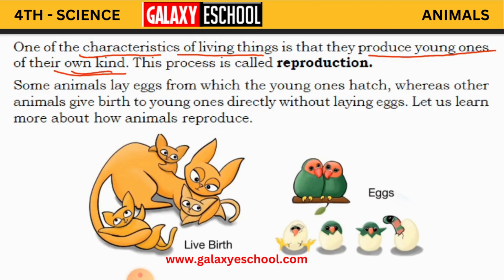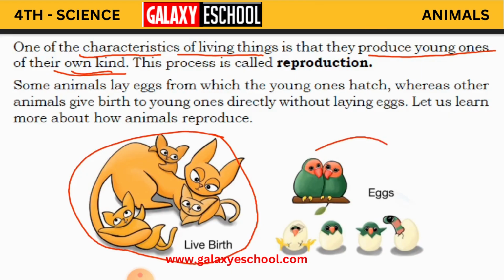And own kind means, for suppose, here you can see a dog in the picture. It has got small puppies along with it. The dog gives birth to a dog only. And here in the picture, a parrot gives birth to a parrot only.